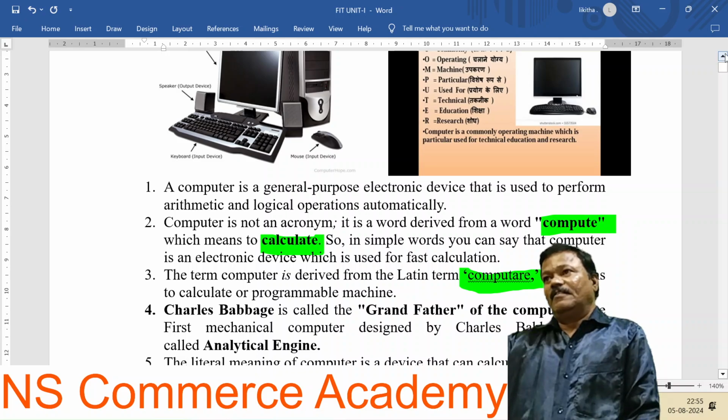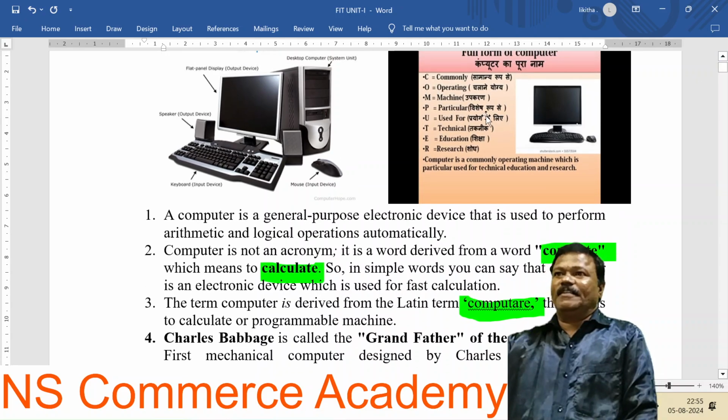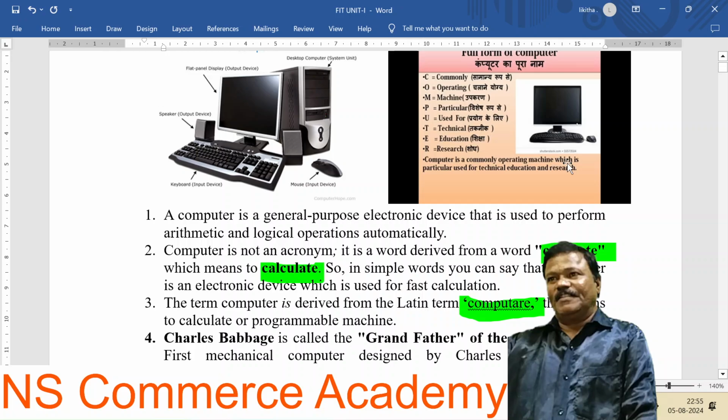The word computer can be abbreviated: C commonly, O operating, M machine, P particular, U used for, T technical, E education, R research. So in whole, a computer is a commonly operating machine which is particularly used for technical education and research.